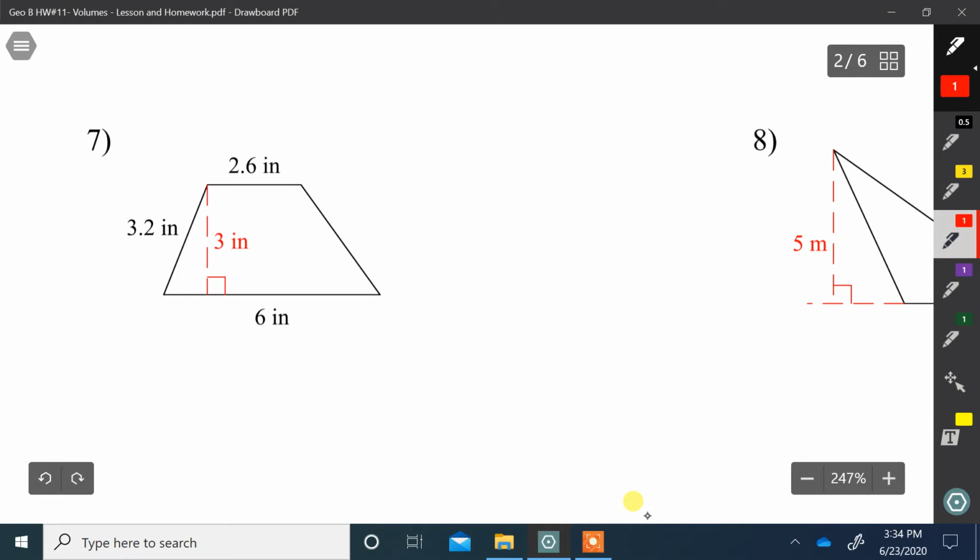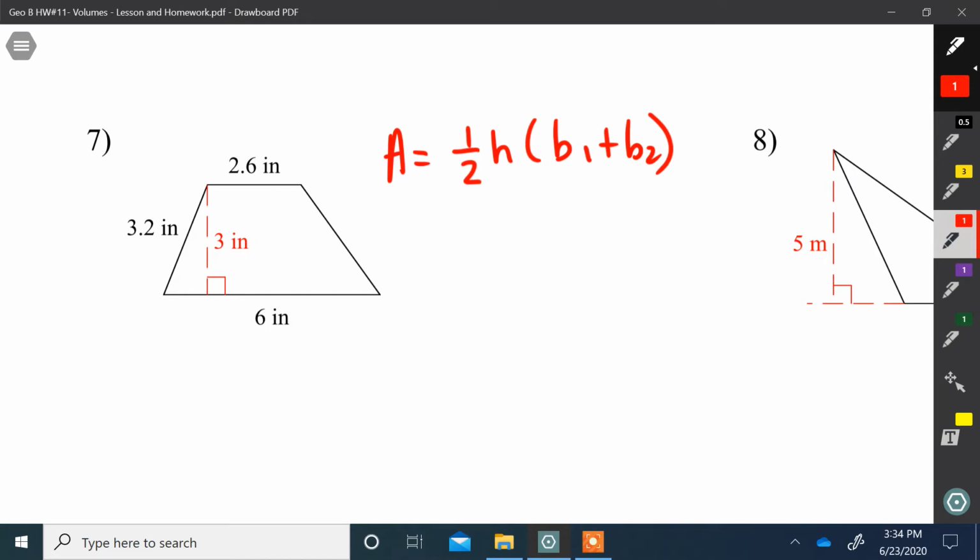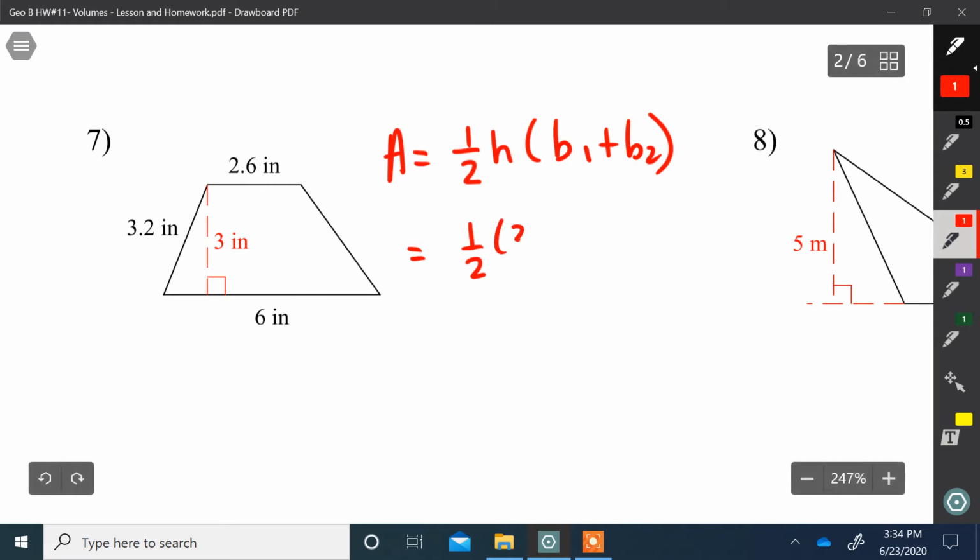Excuse me, guys. All right, so the area for a trapezoid, we know that is half times the height times base 1 plus base 2. That's usually the formula that I use. The formula sheet has it a little bit different, but it's technically the same thing. The height in this case will be 3.